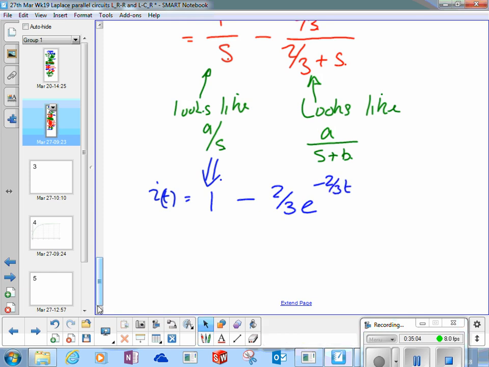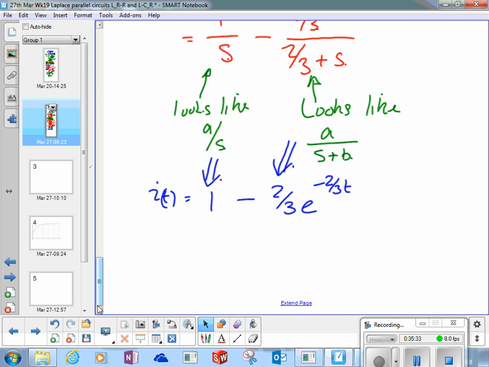Note the two coefficients this time are different, so we haven't got a bracketed term.